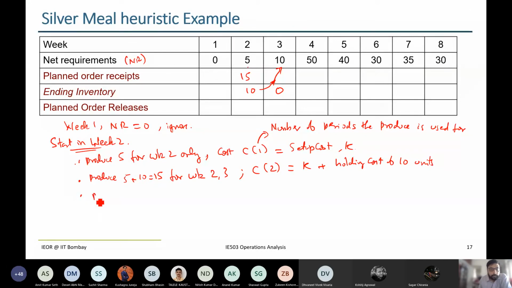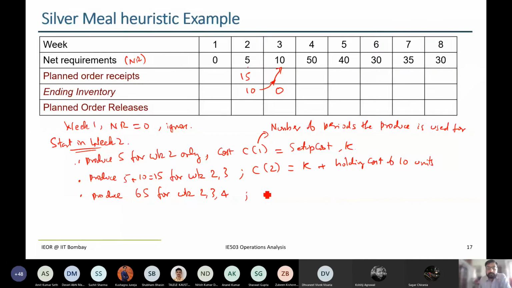Or I have an option. I can produce 5 plus 10 plus 50, 65, which covers the requirement of weeks 2, 3, and 4.